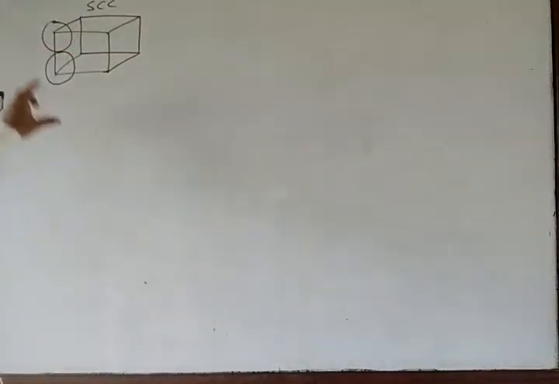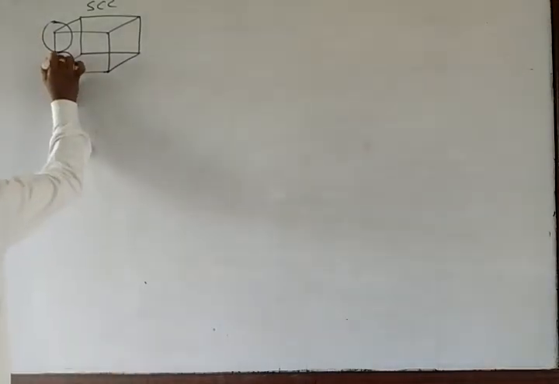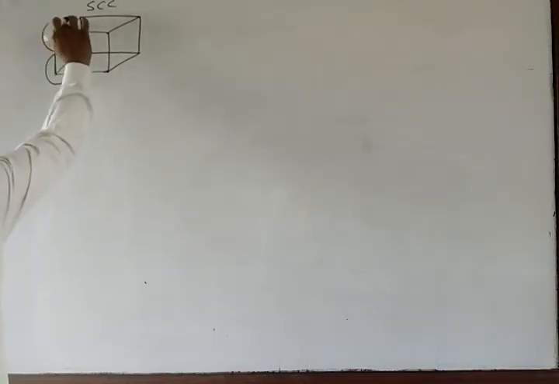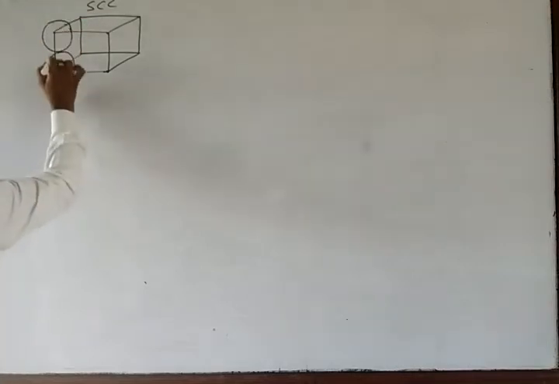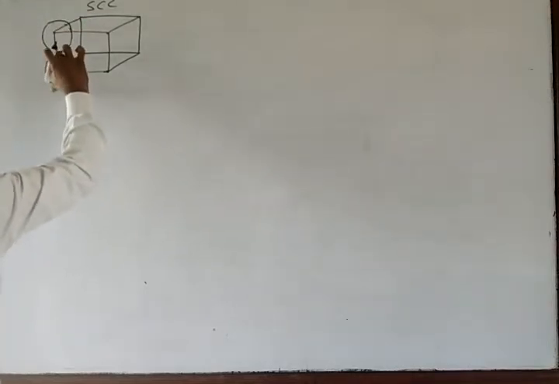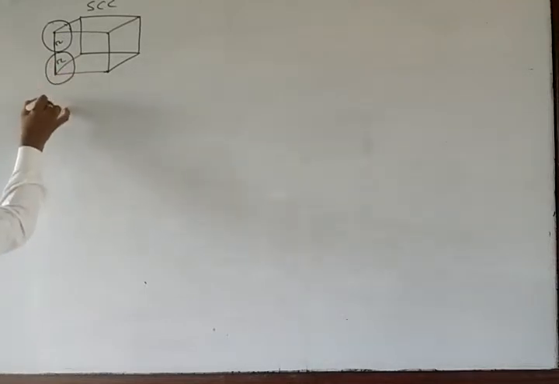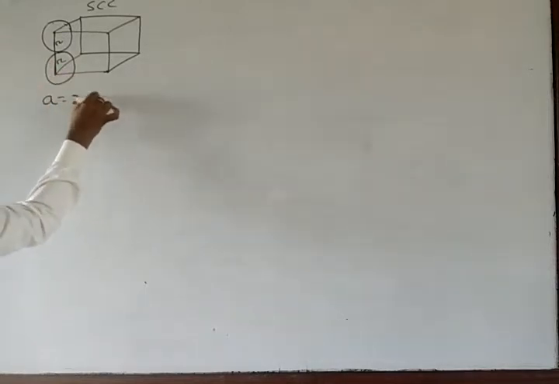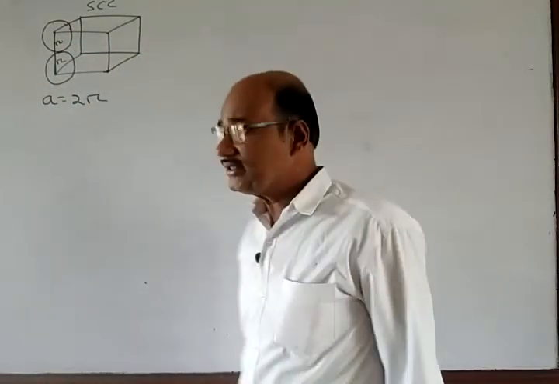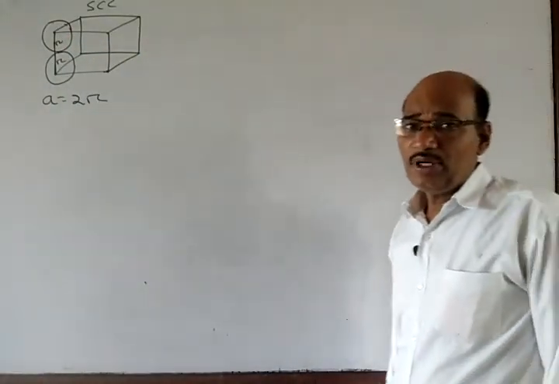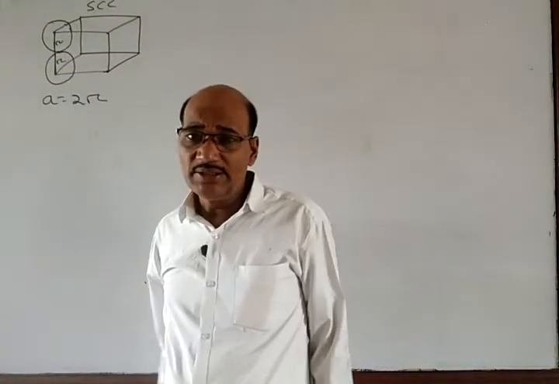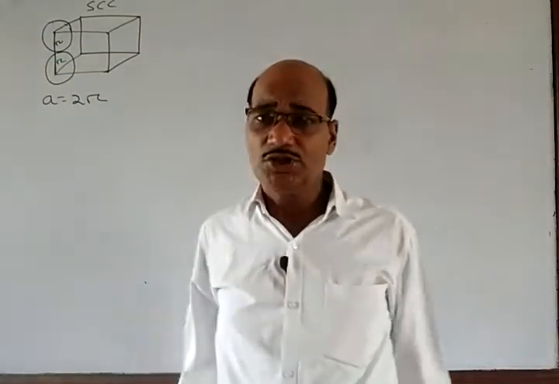Here r is the radius of the atom, this one is again another r, so the whole is the edge length a. So a is equal to 2r, because in this simple cubic unit cell the two corner atoms are touching each other.